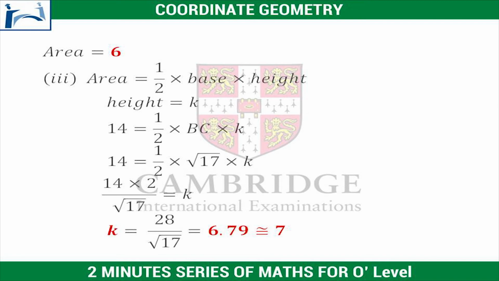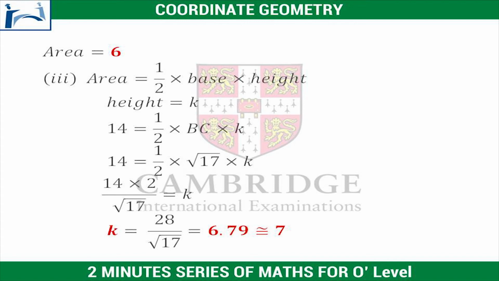Now we have area is given in part 3 and we have to calculate the height of A from BC. We put height equal to k variable and we calculate the value of k by providing the area equal to 1 over 2 base into height, and we put BC as a base. BC is under root 17 and height is k. So we have k equal to 14 multiplied by 2 over under root 17.